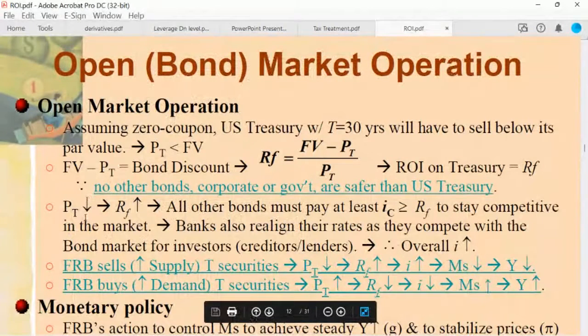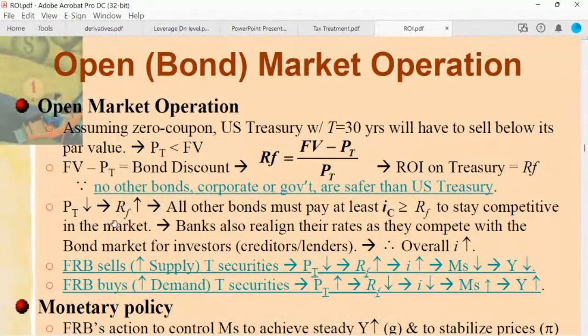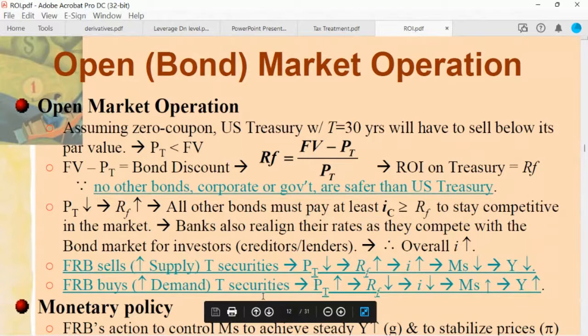So if the selling price of the Treasury goes down, the risk-free return will go up. And for all other bonds, think about it: I told you the federal government is the biggest and the safest player in the market. So if the safest and biggest player is paying a higher return, all other bonds must follow, because otherwise they lose competitiveness.